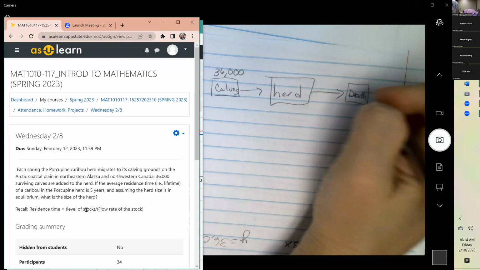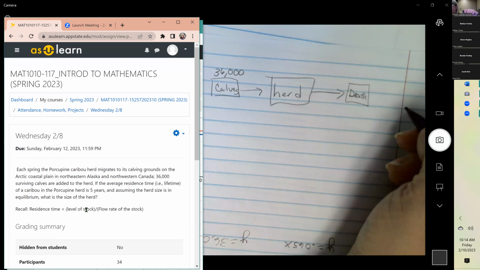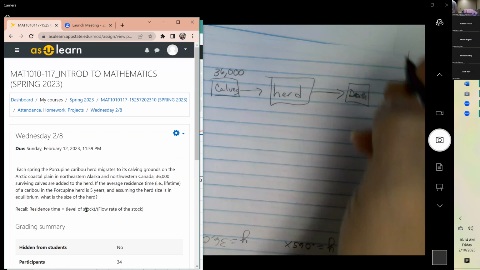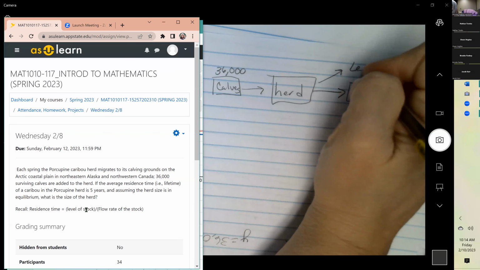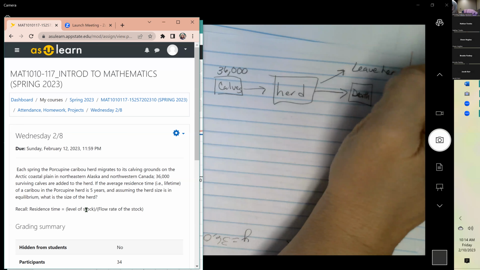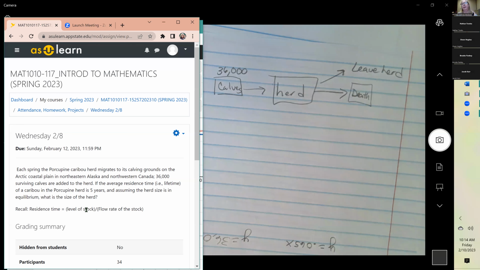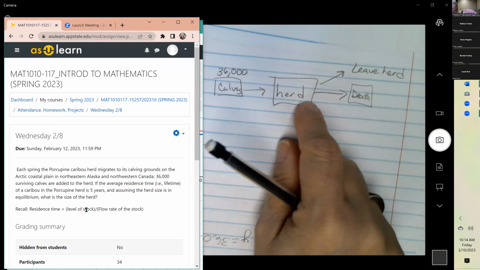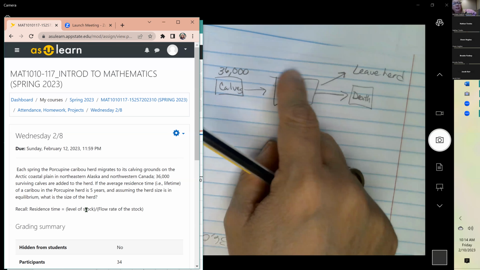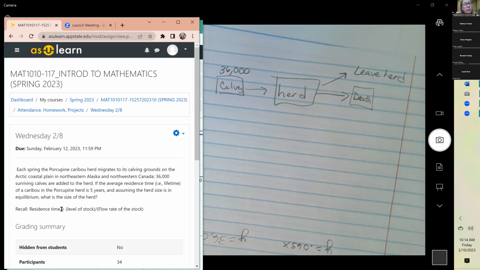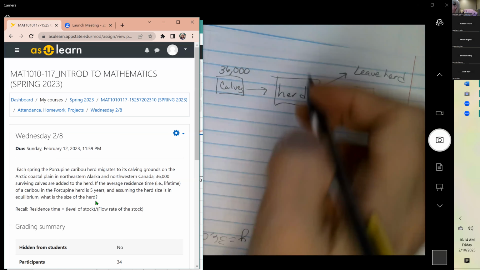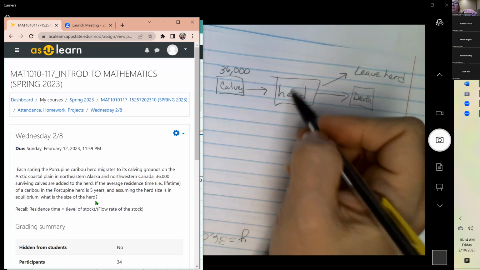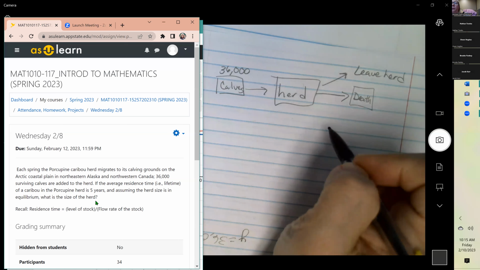I wouldn't think they'd leave the herd, but it could be death, it could be leaving the herd. So for any certain reasons, 36,000 go in and 36,000 go out, and it said that the residence time was 5. So that means at any time, these calves going in will last for 5 years and then they're no longer in the herd.